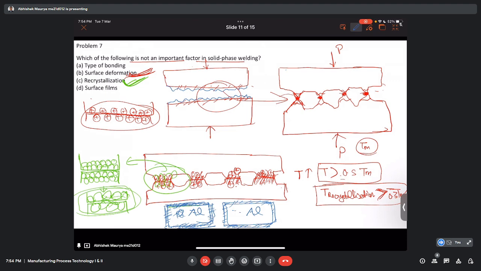So the presence of surface films will restrict the solid phase welding. So this will affect the solid state welding process.